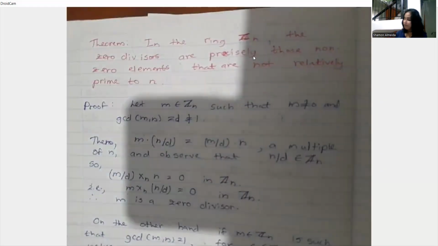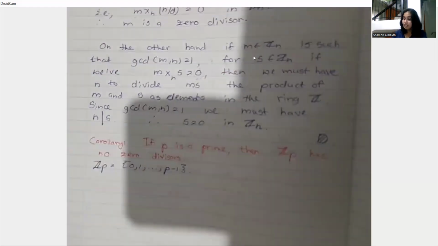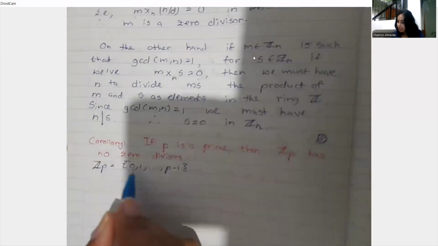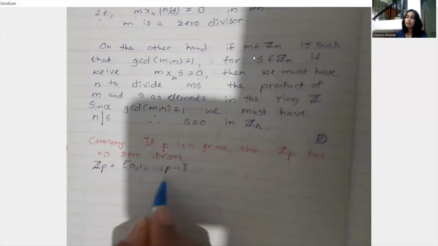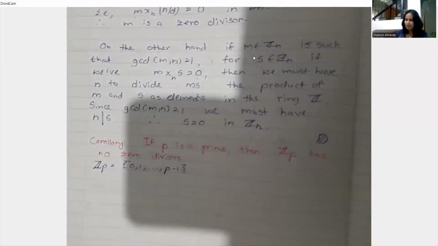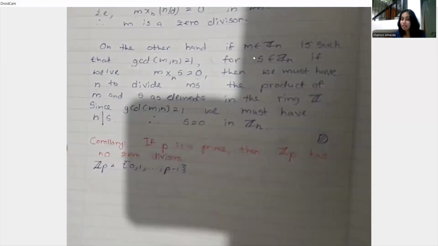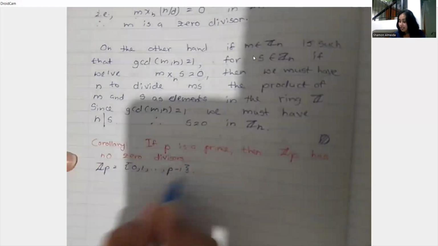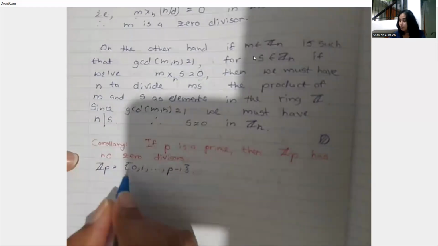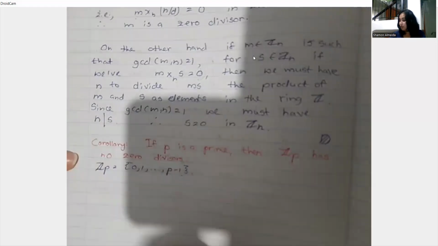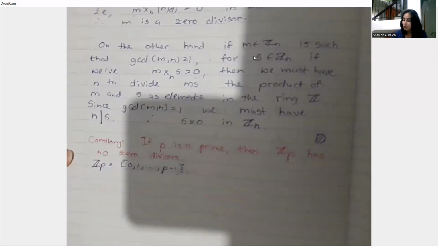But because P is a prime, none of these elements, 0, 1, up to P minus 1, is not relatively prime to P. All these elements which are less than P must be relatively prime to P because P is a prime. So the result is actually immediate from the previous theorem, right?